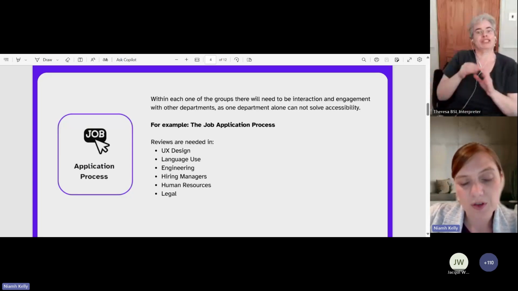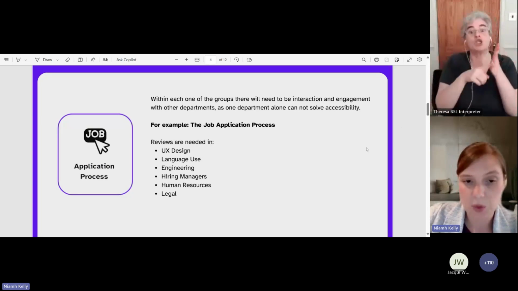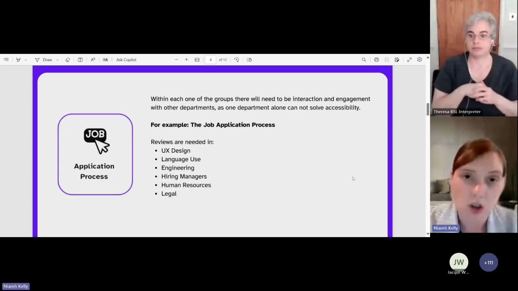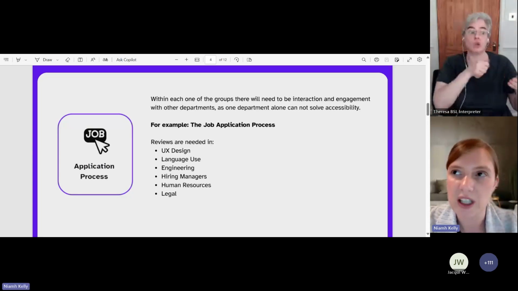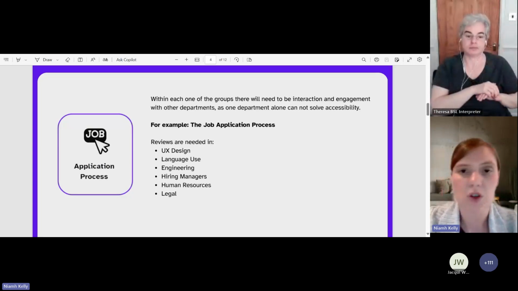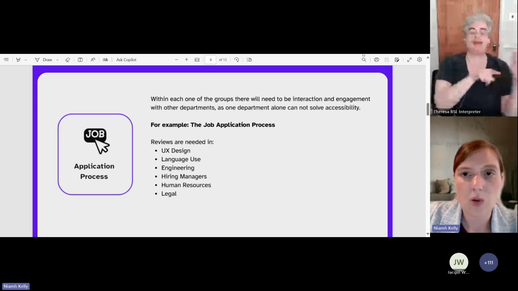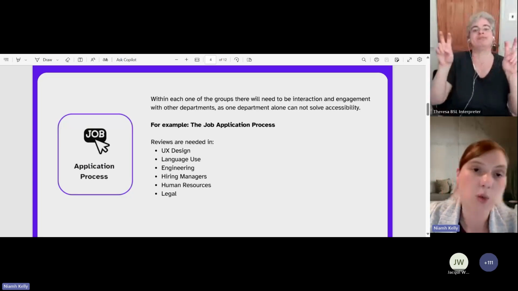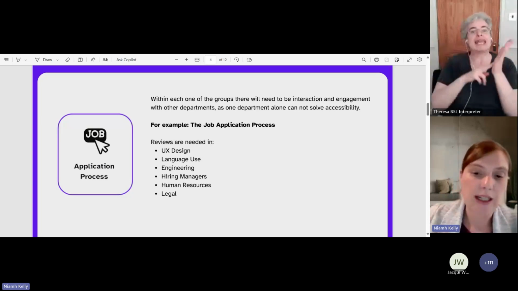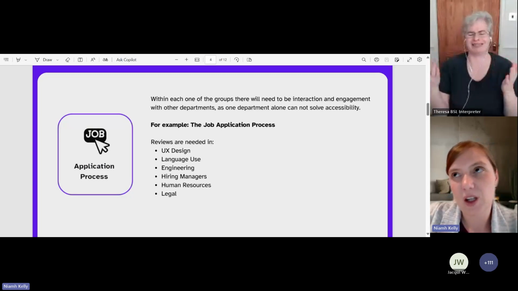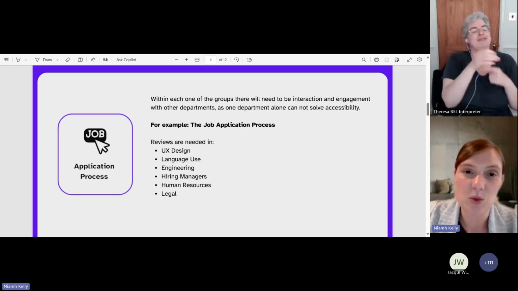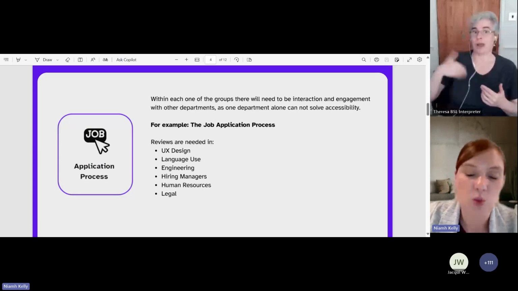I'll show you an example from the UX design and the engineering perspective. From the language use, a lot of companies still write things on their job descriptions, such as, oh, we're looking for a team player, or we are looking for a ninja. When we use certain language like a ninja or a rock star, it can be quite gendered language, and women typically wouldn't go for that.